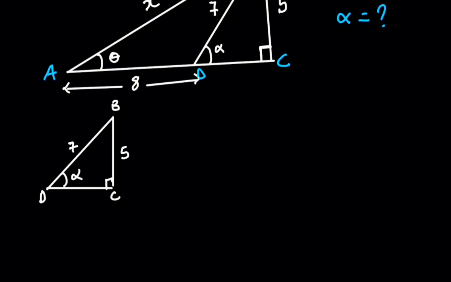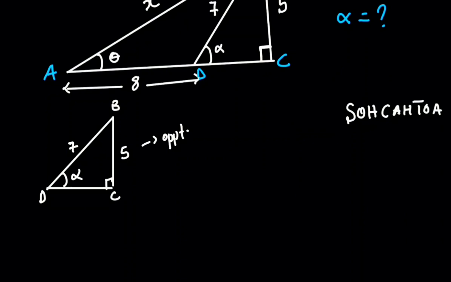Now remember our SOHCAHTOA. So we have TOA, right? Good. Now if you check the angle, the side facing the angle is 5, which is actually the opposite in this case.